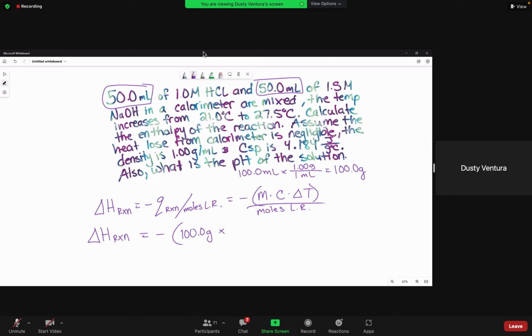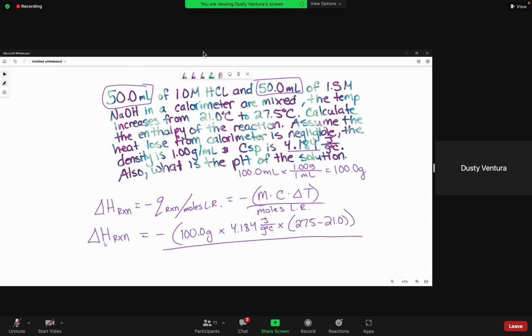And then the specific heat of the solution is that of water, 4.184 joules per gram degree Celsius. My temperature change is 27.5 minus 21.0. And now I need to divide by moles of limiting reagent.